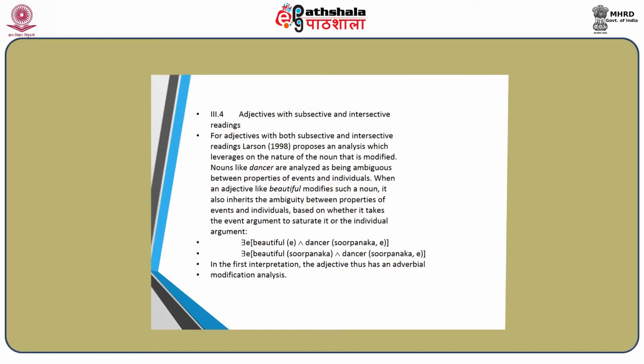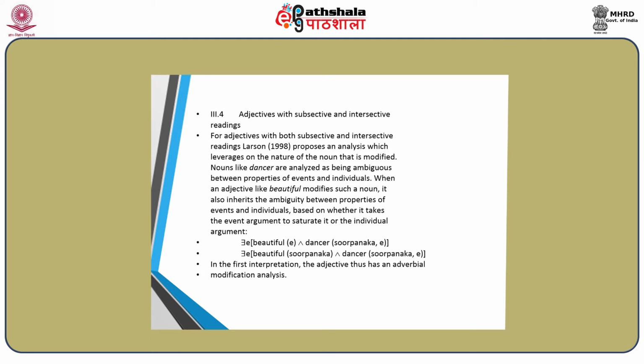What about adjectives with subsective as well as intersective readings? For adjectives with both subsective and intersective readings, Larson 1998 proposes an analysis which leverages the nature of the noun that is modified. Nouns like dancer are analyzed as being ambiguous between properties of individuals and properties of events.